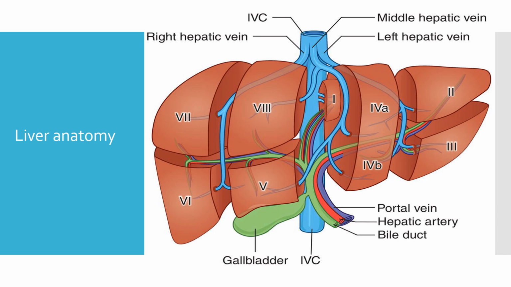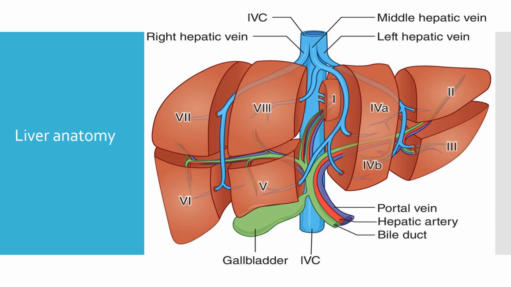It's the largest visceral organ in the body, and it's the largest gland in the body. So visceral really just means that it's the largest soft internal organ, so like the heart, the lungs are organs, but the liver is the largest within the body.